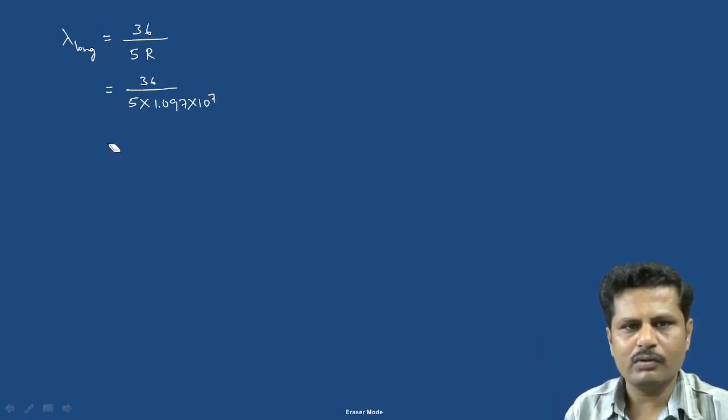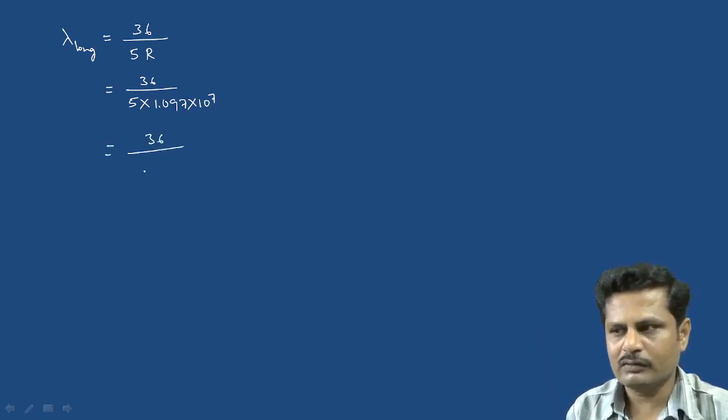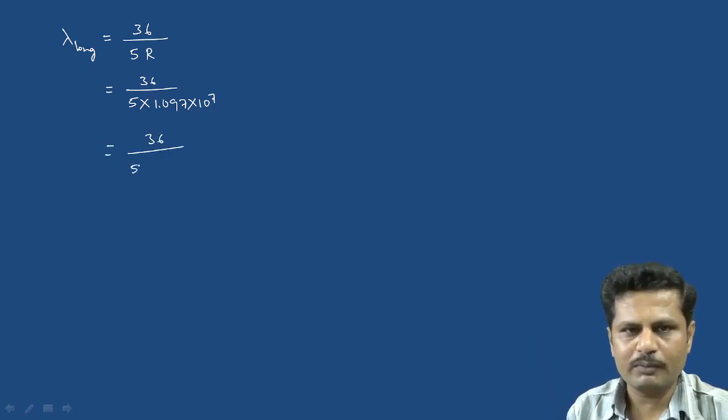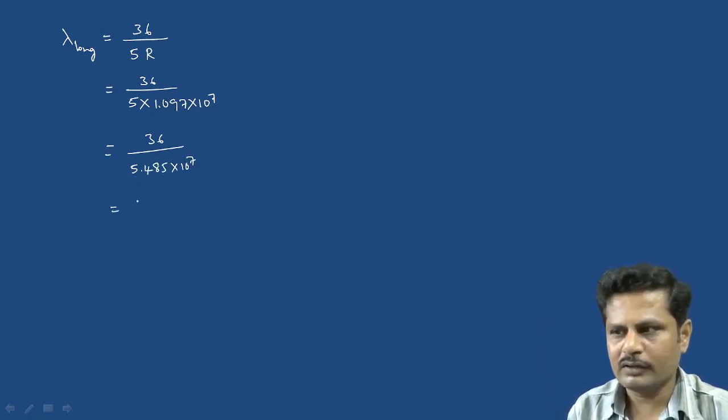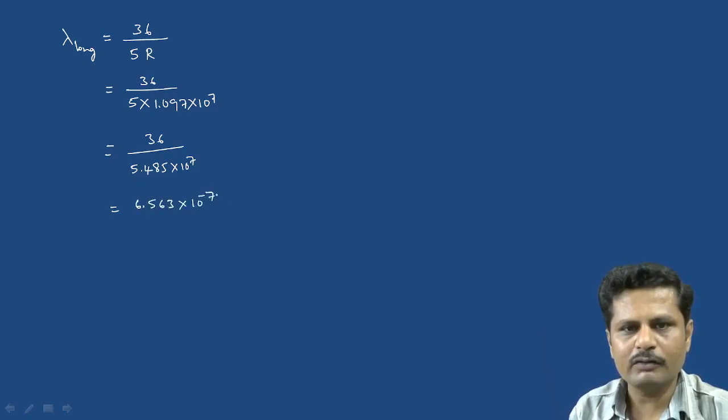Now 5 into 1.097 is 5.485, so 36 divided by 5.485 is 6.563, that is 6.563 into 10 raised to minus 7 meter, the longest wavelength.